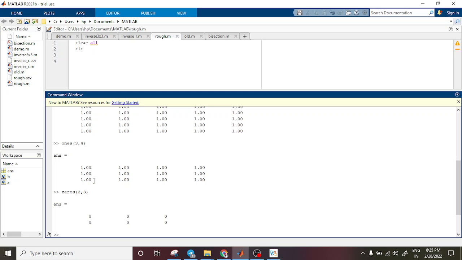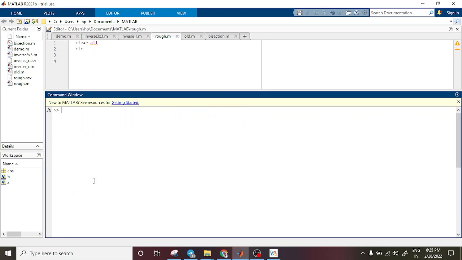Now next is how you can sort numbers. For example, a is equal to 2, 6, 3, 1, 7, 9.